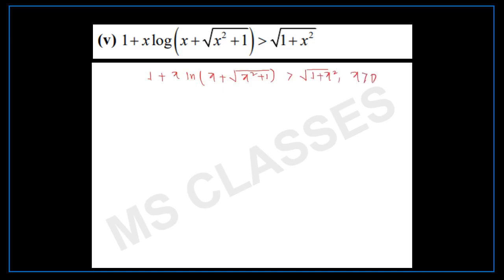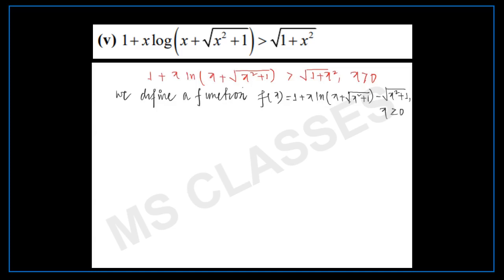We define a function f(x) equals to 1 plus x ln x plus root over of x square plus 1 minus root over of x square plus 1, for x greater than equal to 0.